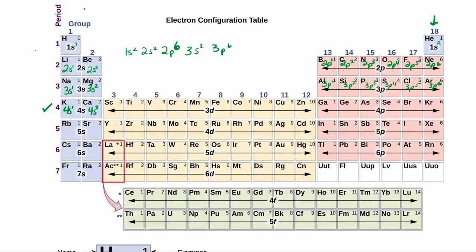Now here is where it gets tricky, right here, because this is the 3d orbital. If we draw an energy diagram, then we have our 1s here, we have our 2s here, and 2p isn't far from 2s. So we have our rungs here. And then we have our 3s, and we have our 3p, which isn't far from 3s. Then we have our 4s. But our 3d is just ever so slightly higher in energy than our 4s.